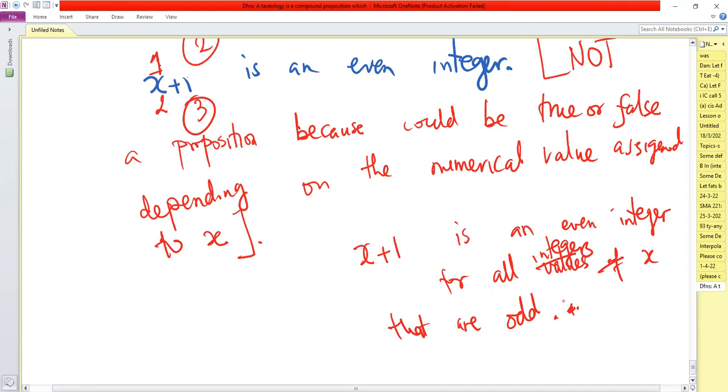Or even if we say for all integers that are even, then it makes sense because we'll just have one value. But now, when you leave it open that way, it gives a possibility of being true or false depending on the numerical value assigned to x.